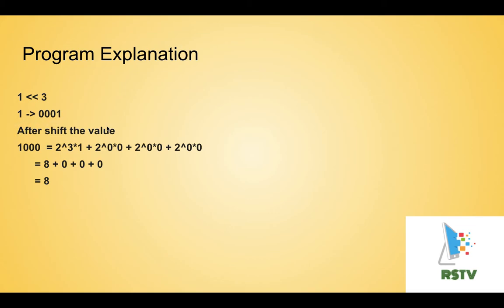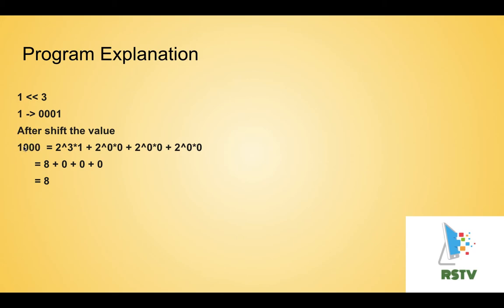After shifts the value, so how it will shift the value for this 3? So we need to add this number of zeros in right side, then this value will move to that left side. So after shift the value, so this value will come. See, 1 0 0 0, 3 zeros we added in right side, so that value come into the left side.